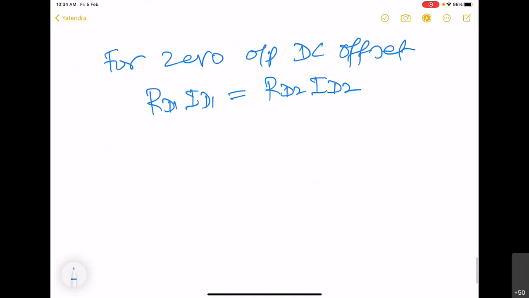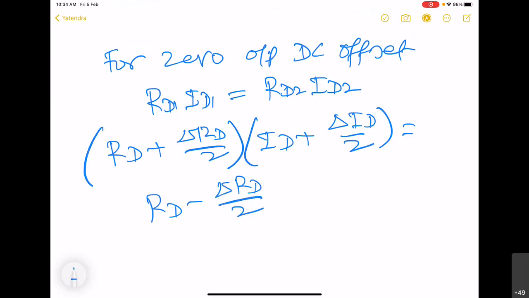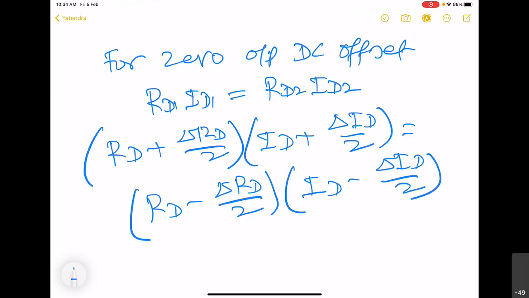Now these two can also be written in terms of their common and differential values. RD plus delta RD by 2, ID plus delta ID by 2, is equal to RD minus delta RD by 2, into ID minus delta ID by 2.